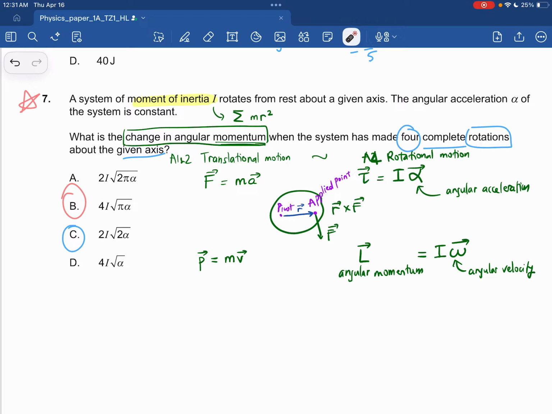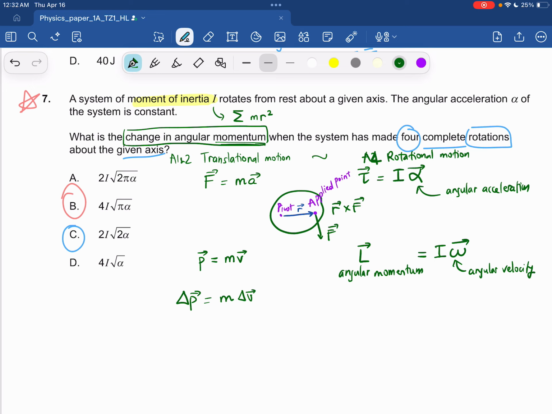And now we're talking about the change. If you remember, the change in momentum here will have the same mass, right? Mass doesn't change. An object doesn't lose any part in its motion. It just has a change in the velocity. So this is the change in angular momentum.